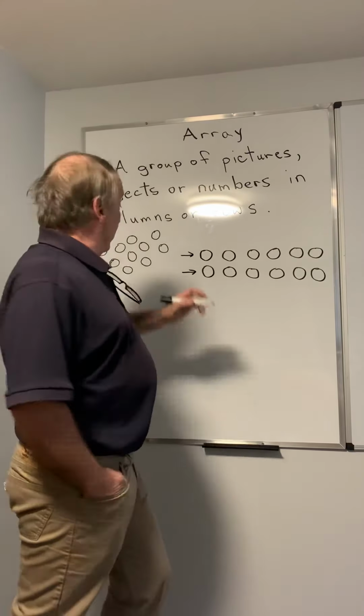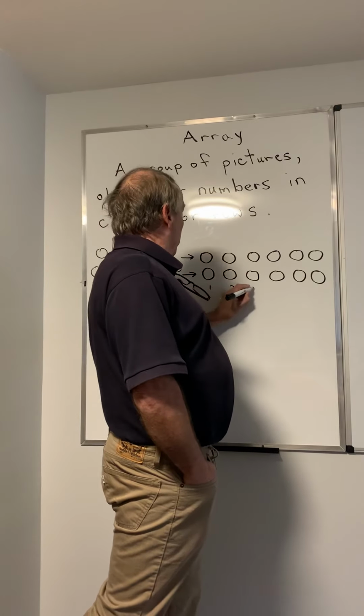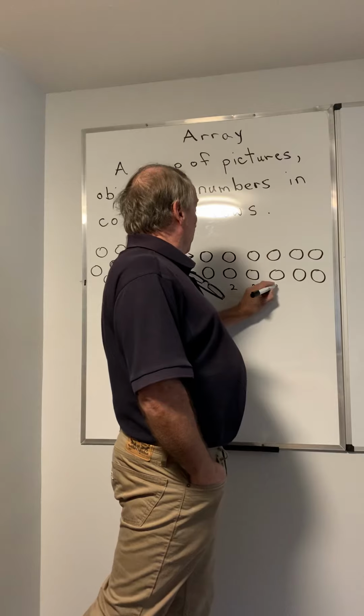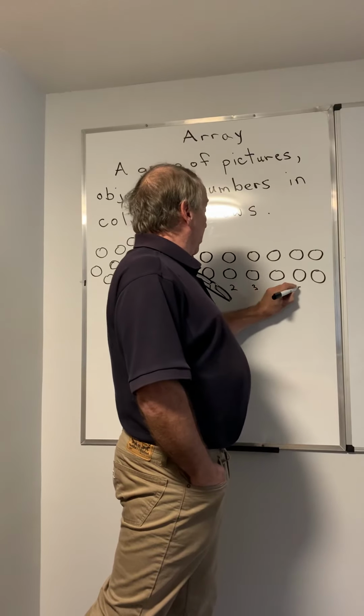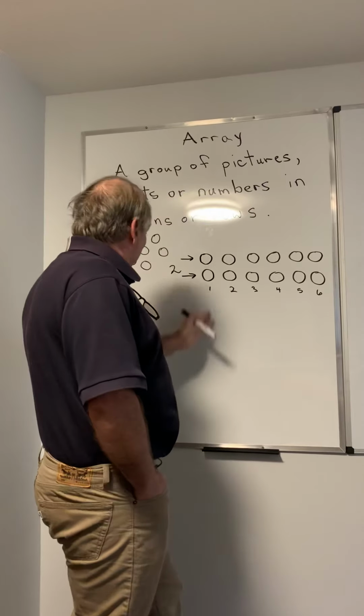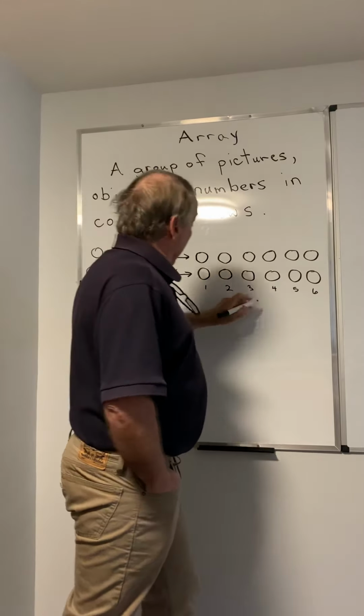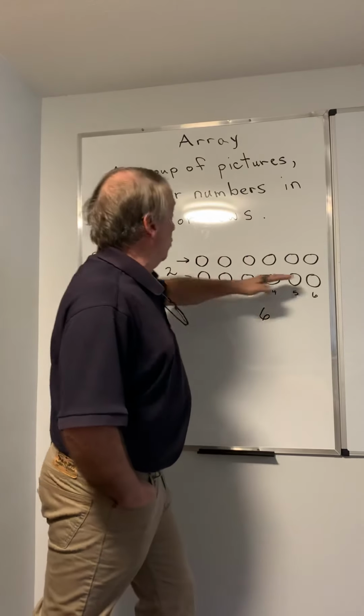So there's 2 rows, and I have 1 column, 2 columns, 3 columns, 4 columns, 5 columns, 6 columns. So I have 6 columns going up and down, and I have 2 rows going across.